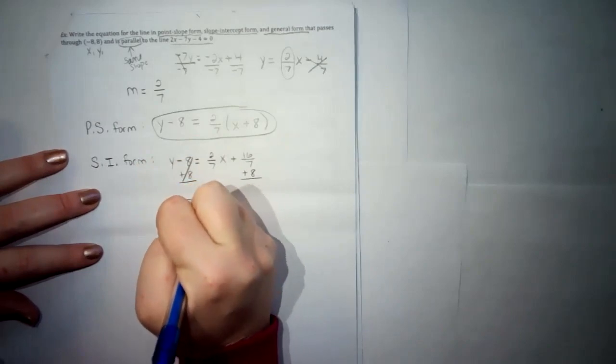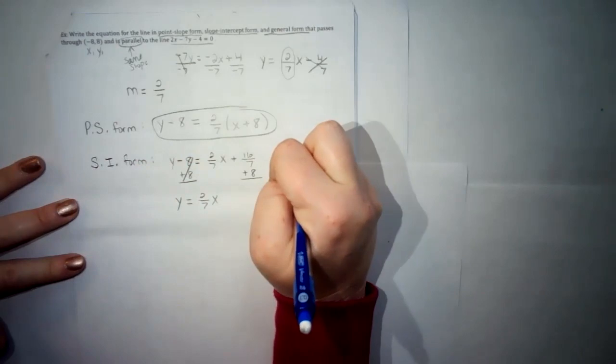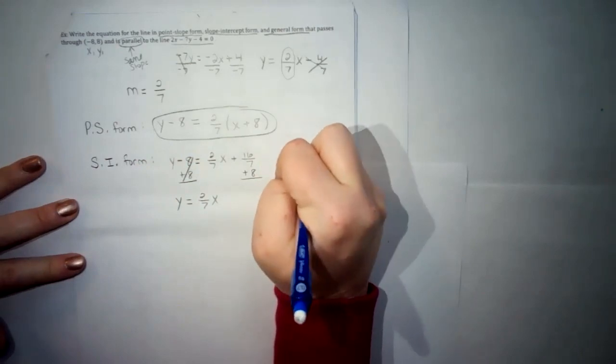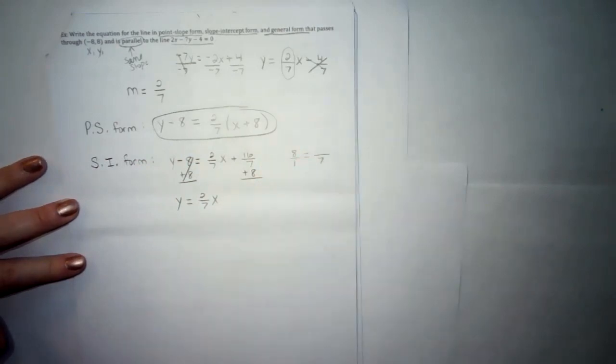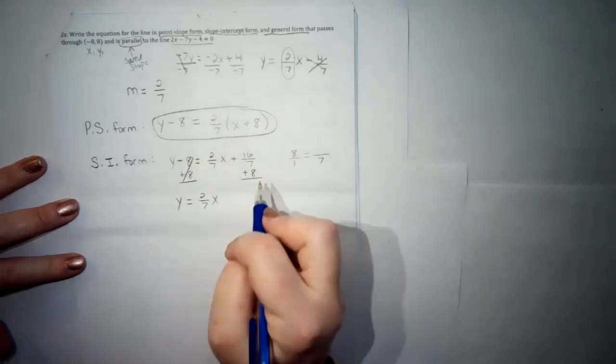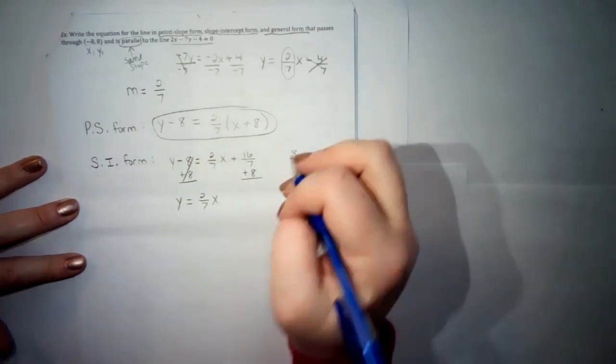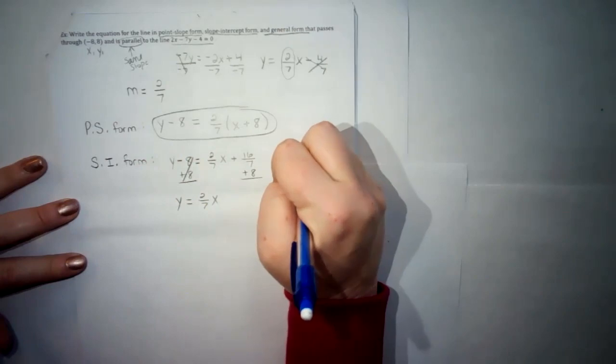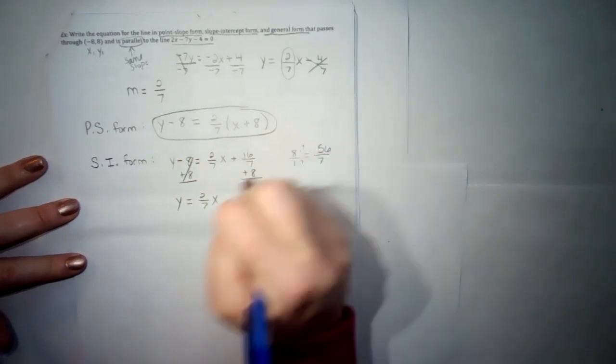Okay, so again, this is where the graphing calculator is nice because you can do parenthesis 16 divided by 7, close parenthesis, plus 8, and it'll fix it for you. But we can also do that. So let's see, if I have an 8/1, and I wanted to have a denominator of 7 because I want to add it to 16/7, I'm going to multiply top and bottom by 7.